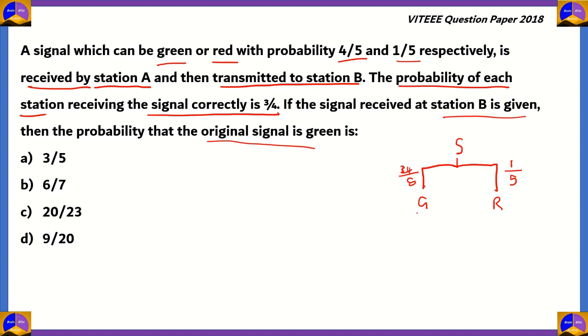Now, when green was sent out, correctly received 3 by 4 of the time, station A receives the green signal.